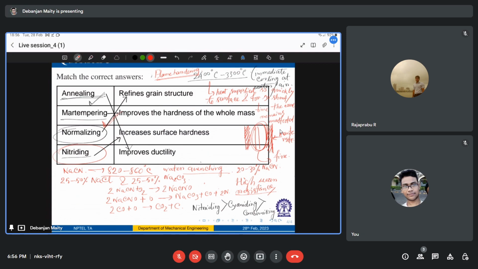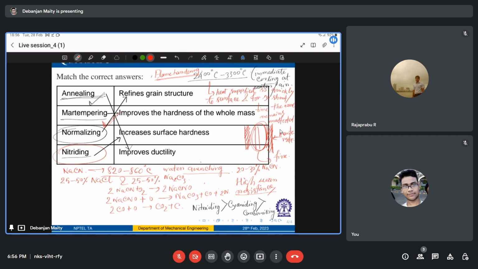Correct. So what are the advantages of this flame hardening? You can think that there is practically no distortion of the workpiece because only a small section of the workpiece is heated, and the heating rate is high, the work surface remains clean, and this process can easily be automated.